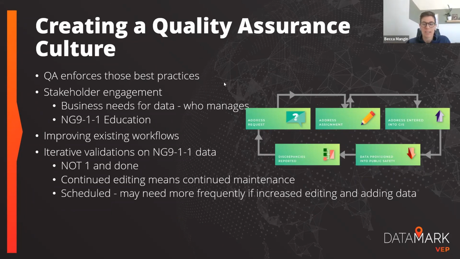But every time that you add in a new address, a new apartment complex, or new roads are digitized, there is a potential that you're creating discrepancies in your data, right? Because remember, NG9-1-1 looks at everything as a big picture, how it works together. So every time you add and edit something, there's potential for that, which is why routine, scheduled maintenance is really important.